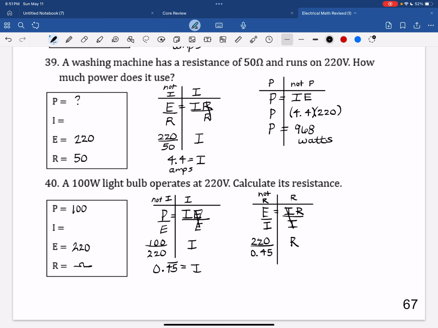That's current. And that looks incredibly strange to me, but I'm not an electrician, so I will go with that. 488.8, I'm going to say approximately 489. And that is ohms.